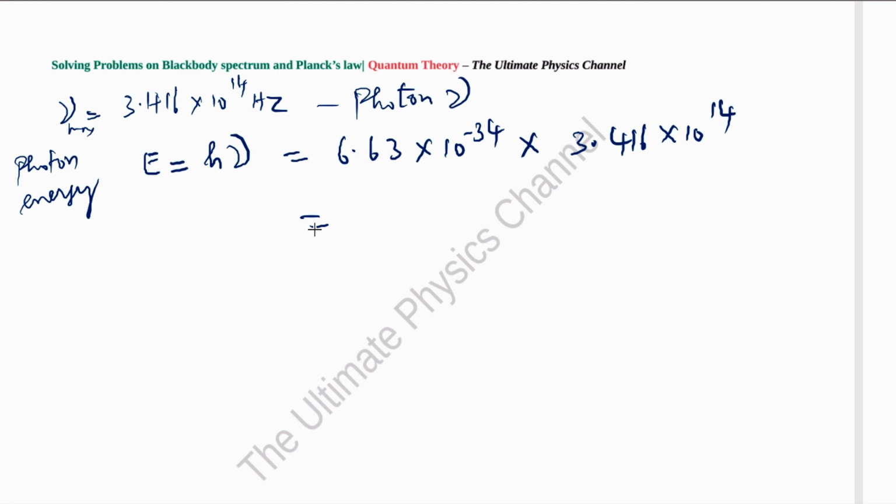So if this is worked out, we will get 2.27 into 10 power minus 19 joules energy, right? So that is what we are getting. Now this is the energy of a photon that the bulb is emitting.